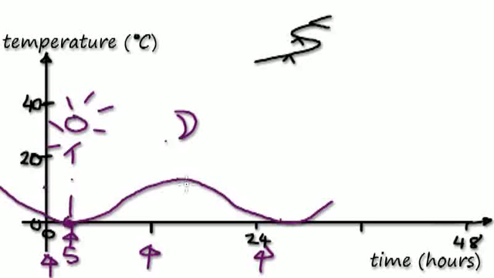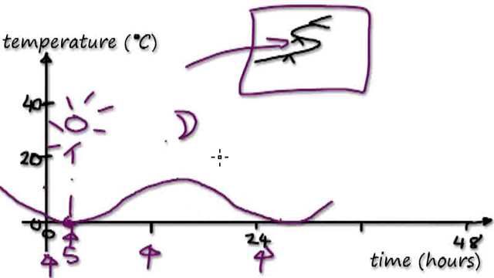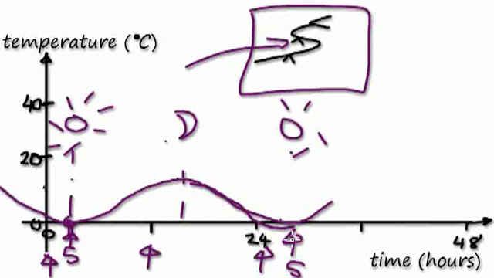So at night time, there's no sunshine, so the temperature outside will decrease. So the body temperature of the lizard will also decrease. So the sun rises at 5 in the morning, and then this here will be night time, and then it starts to decrease, and then at 5 in the morning again the next day, the sun will come out. And then it will rise again, and so on.